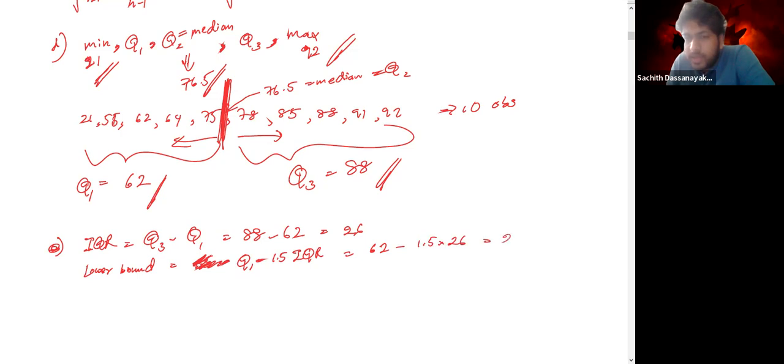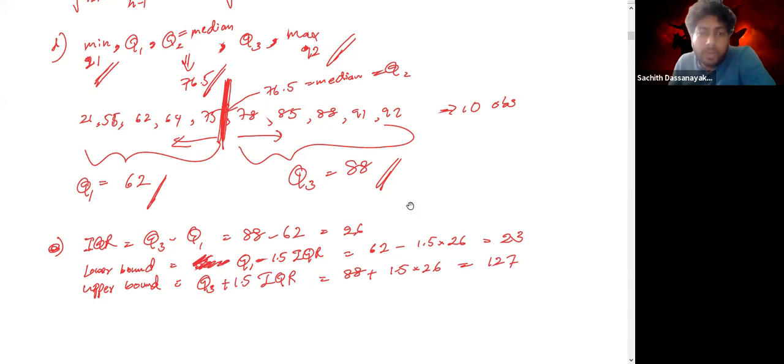So this is going to be 23. Okay, the upper bound is Q3 plus 1.5 times IQR. It is 88 plus 1.5 times 26, which is 127.